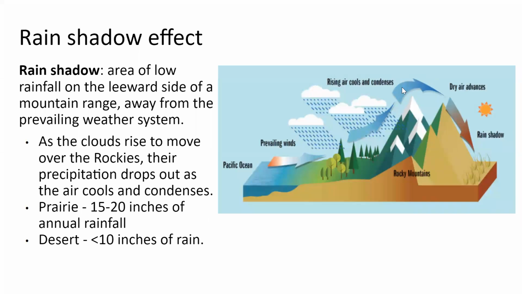And then after that air drops the water over the mountains, that air continues to move, in this case, to the east. And you see a rain shadow, an area that's much drier on the backside of those mountains. Prairie ecosystems tend to have between 15 and 20 inches of annual rainfall. That's really common. In that prairie, we're talking about grassland areas. And then deserts, which are even drier than prairies.